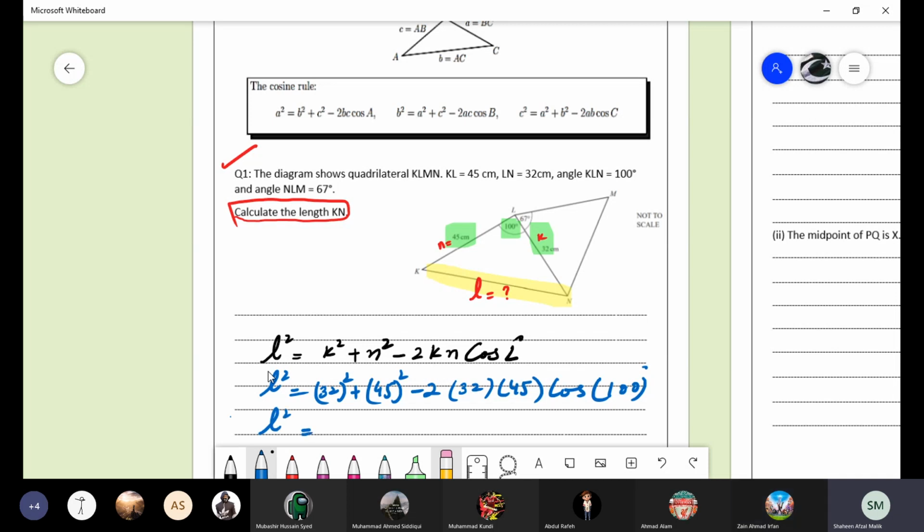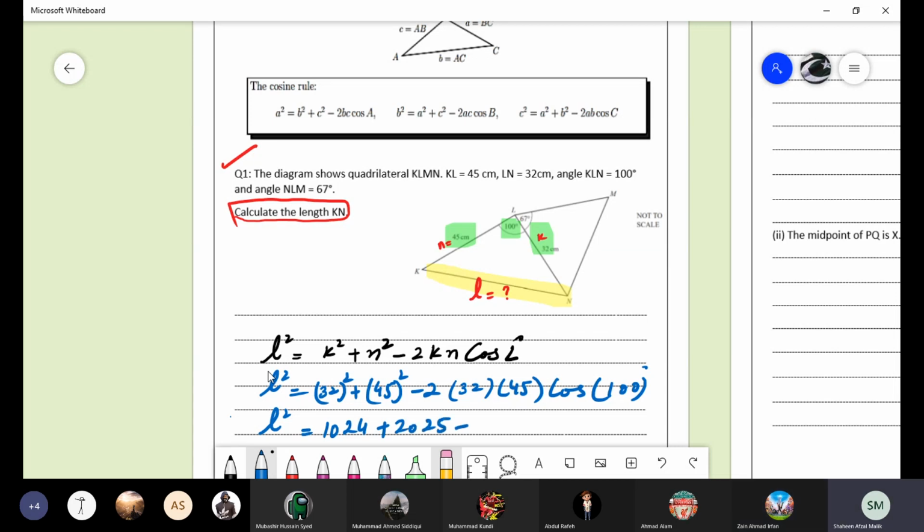What is the square of 32? 1024. Yes. What is the square of 45? 2025.